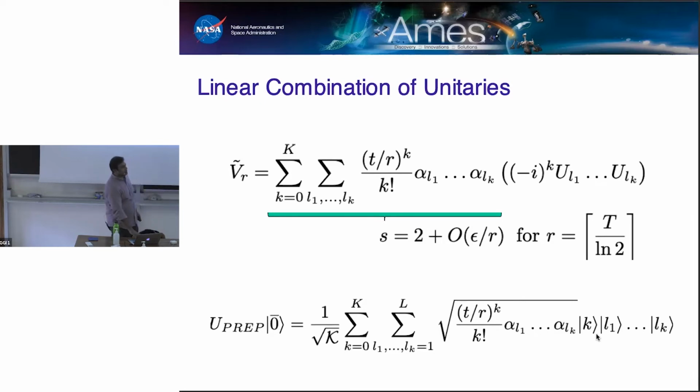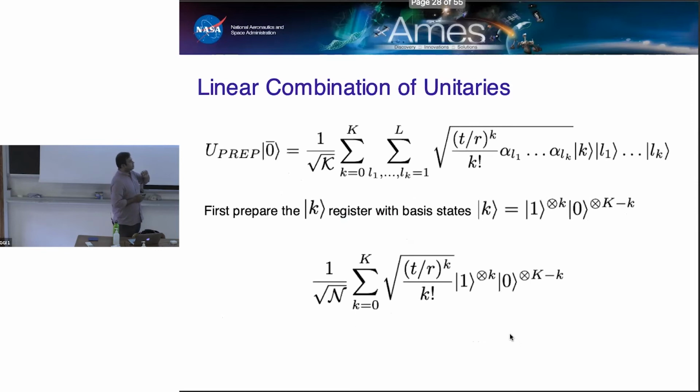So this K runs from 0 to the highest Taylor expansion order, big K. And each one of the registers L1 through Lk runs from values 1 through L, where L is the total number of terms that appears in the Hamiltonian. Now we have these particular coefficients as well. These coefficients come from the Taylor series expansion, and these alphas come from the sum of unitaries that was the Hamiltonian itself. So UPrep needs to do both these things.